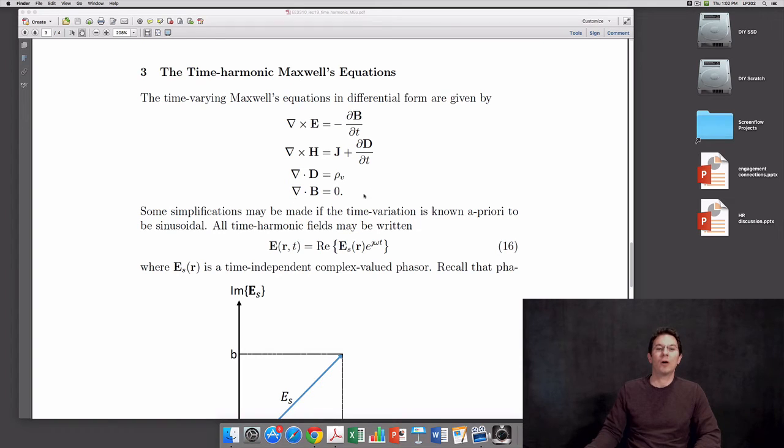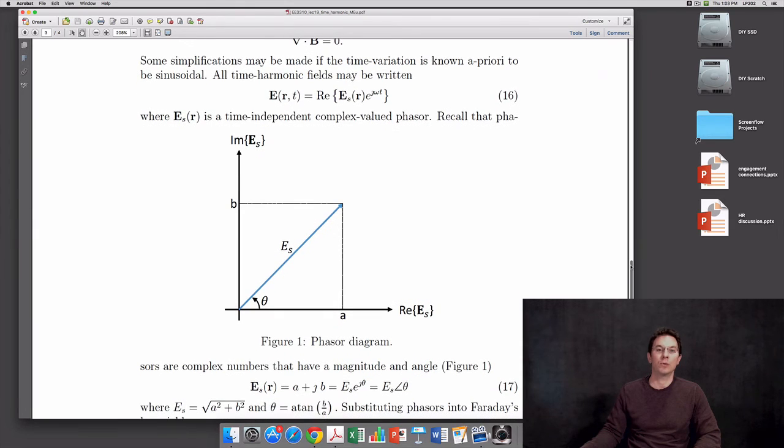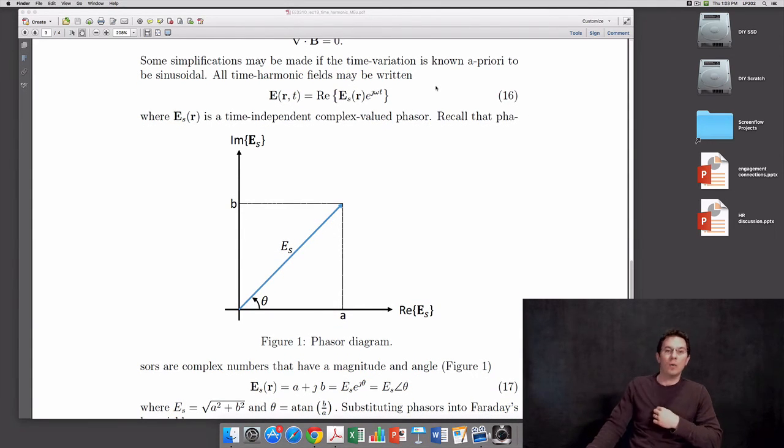These equations are incredibly powerful, but they're also extremely general. And so oftentimes it is useful to try to simplify them for some special cases of note. One of those special cases is that of sinusoidal time variation. If it is known a priori that the fields vary sinusoidally, we can simplify the four Maxwell's equations somewhat.